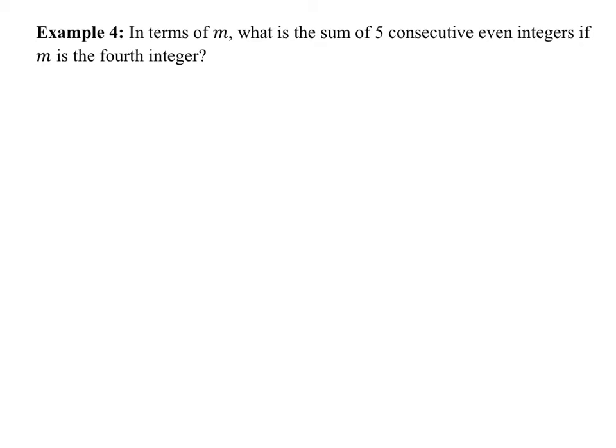So if the fourth integer is m, let's put an m right over here in the fourth spot. We'll put 5 spots on the board: fourth spot, fifth spot, third, second, and over here first spot. We got 5 spots. If m is the fourth integer, what's the fifth integer, Jeffrey? m plus 2, because the next consecutive even integer is 2 greater than that one.